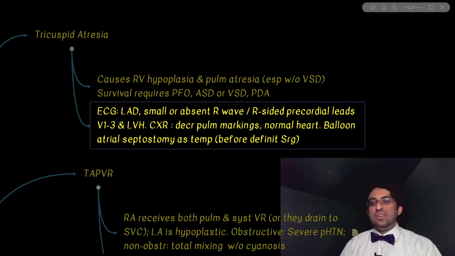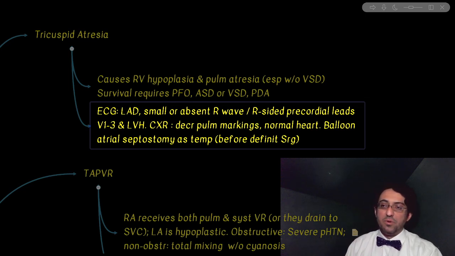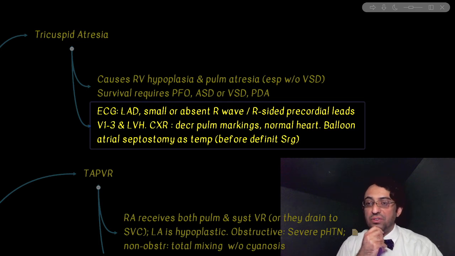What do you expect to see in the chest x-ray of tricuspid atresia? Well, always remember that similar to pulmonic stenosis, any condition with an atretic or stenotic valve would have reduced flow distal or downstream of the point of increased resistance, and therefore we have decreased pulmonary markings. We may have therefore normal heart size.